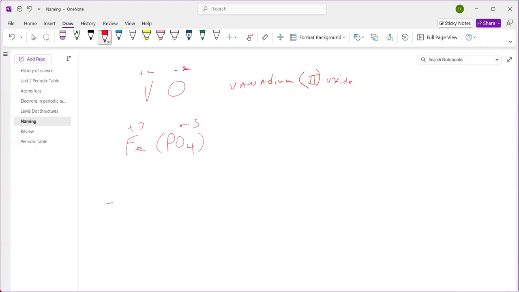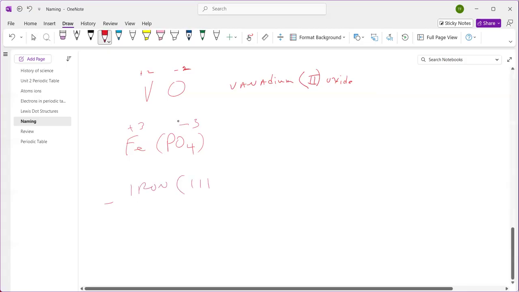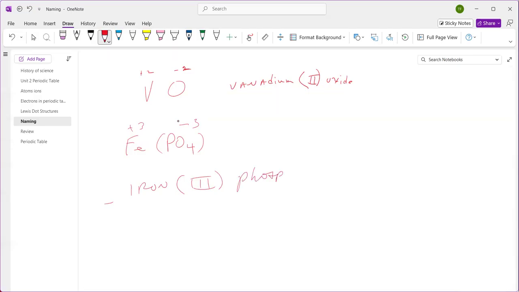So the way you write it is iron(III) phosphate, or ferric phosphate.